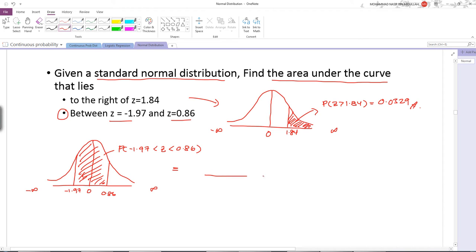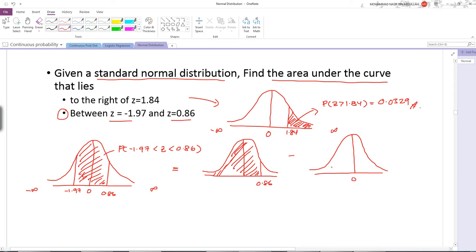Let's say I have the area up to 0.86, and I want to measure this area minus the area beyond negative 1.97. Can we get this area? Should get, right?